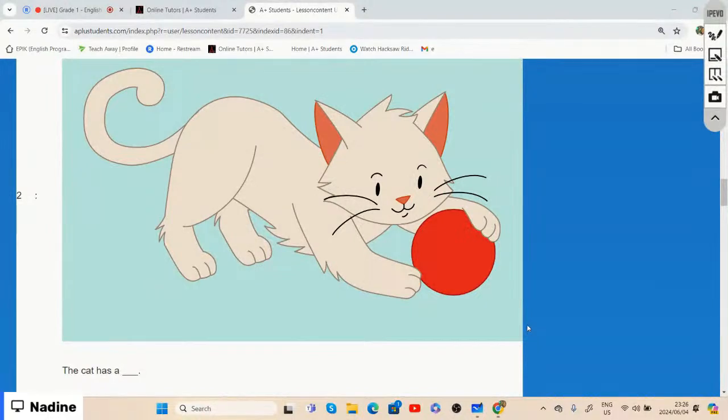So we need to identify what the cat has. So the cat has a... So what does the cat have?